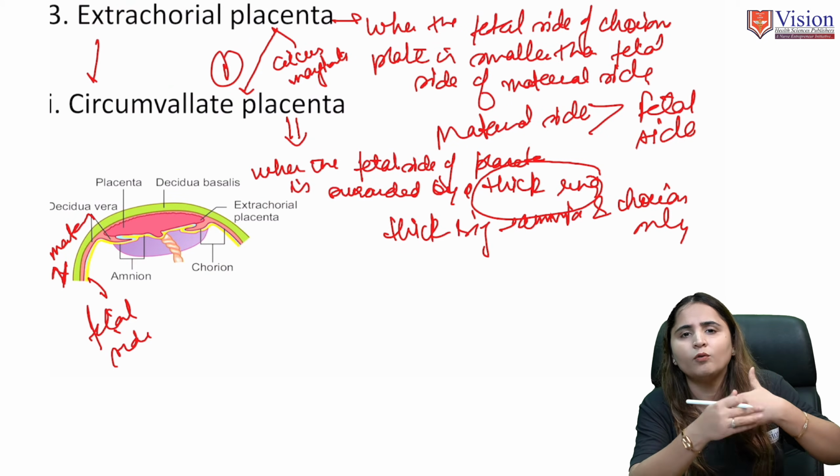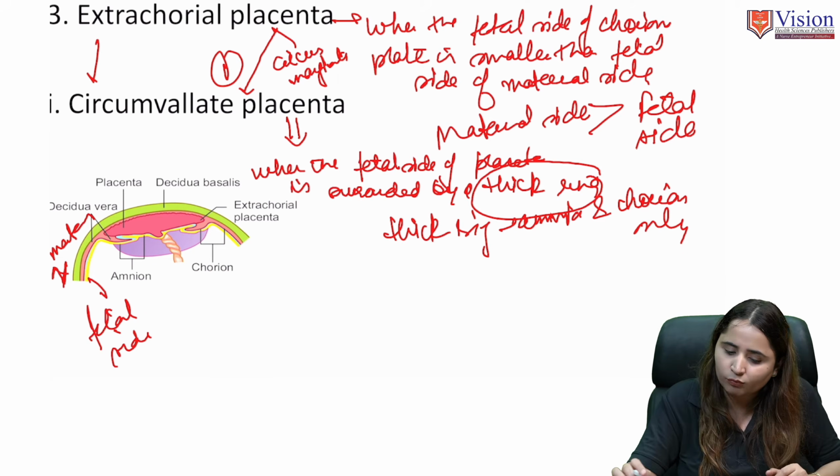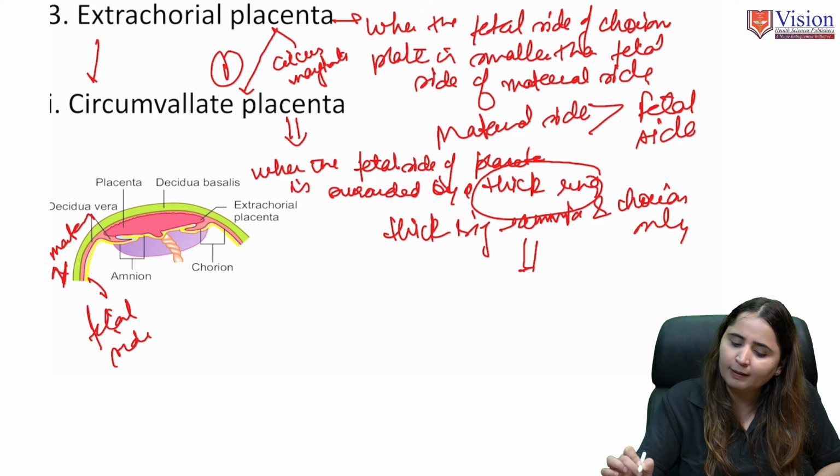They are just overlapped over each other. So that is called the circumvallate placenta.